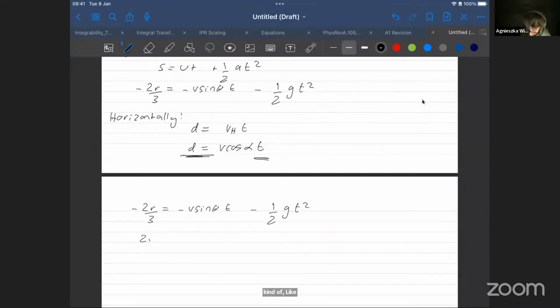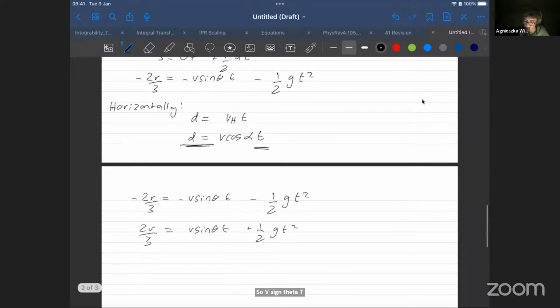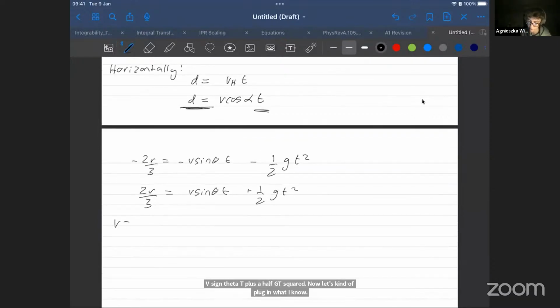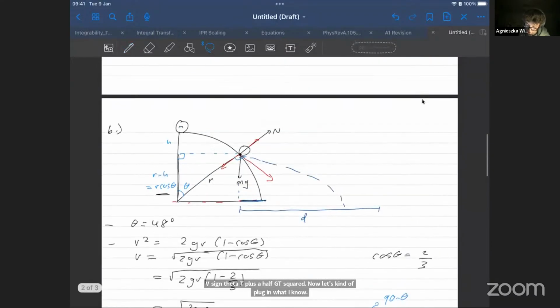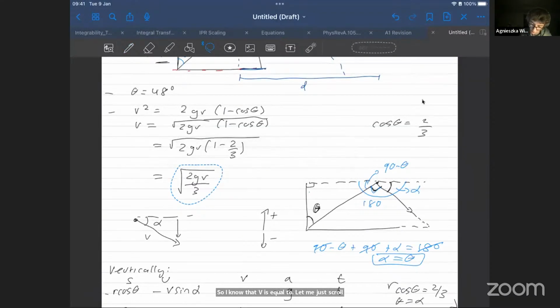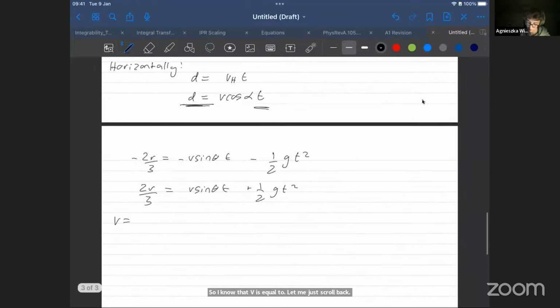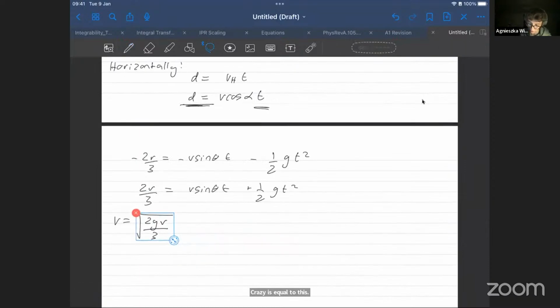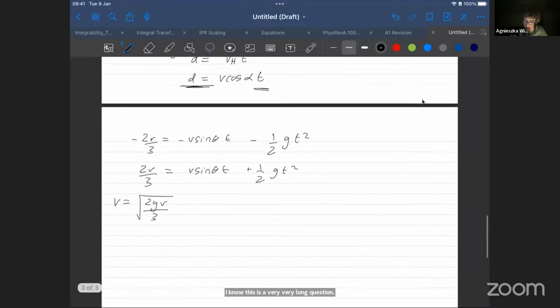Let me just get rid of the minus. So v sine theta t plus a half gt squared. Now let's plug in what I know. I know that v is equal to, let me just scroll back, v is equal to this. I know this is a very, very long question, so if there's anything you're confused about, I can answer it after I finish going through the question. So I know what v is, and I know that cos theta is equal to 2/3.